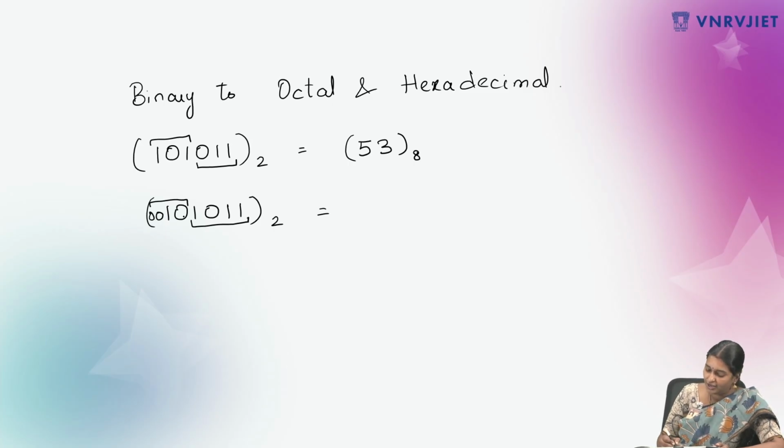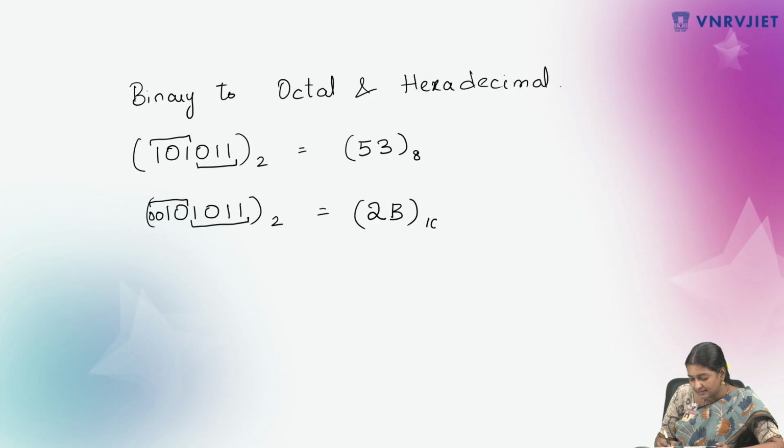So 0 0 1 0, which is nothing but 2. Then 1 0 1 1 is 8 plus 2 is 10, 10 plus 1 is 11, and 11 is nothing but B. So 2B to the base 16. Right. So this is how we will convert a binary to octal and hexadecimal number systems.